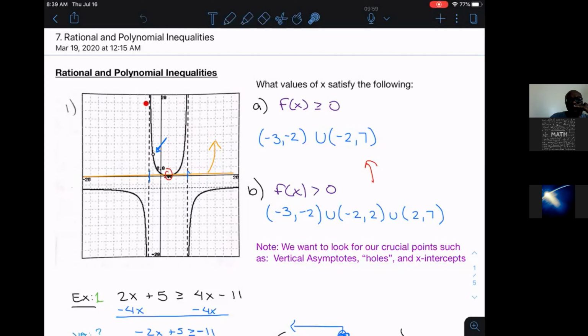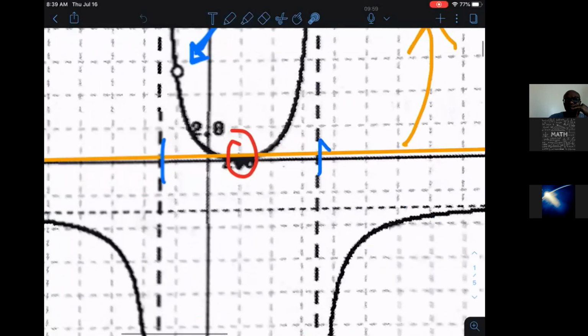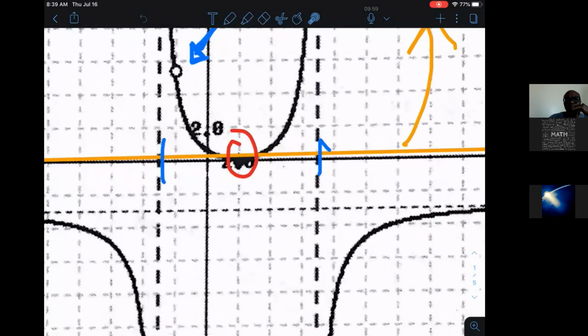We always want to find the x value. It says what x values satisfy the following. The x values where the function is above the x-axis start at a vertical asymptote here, so it can't go past this line. You have to be careful, because this graph is actually going by 2's.